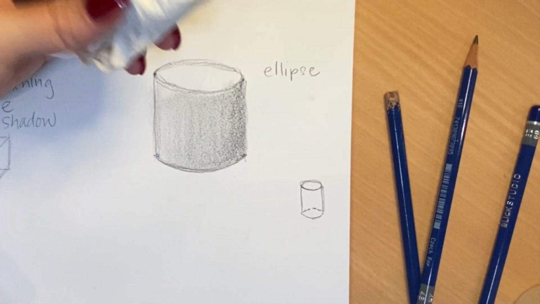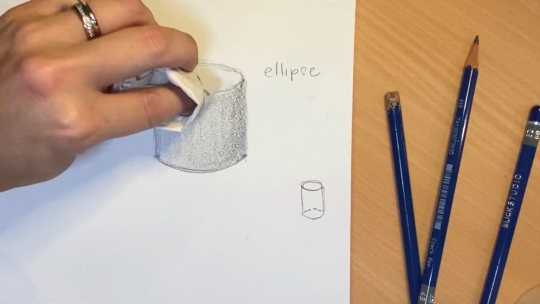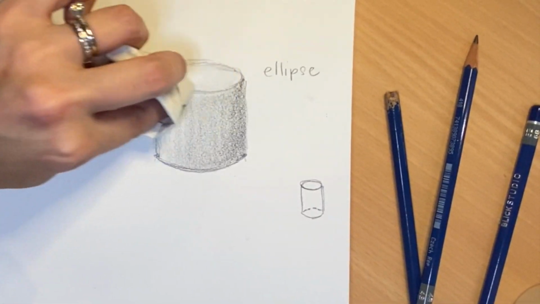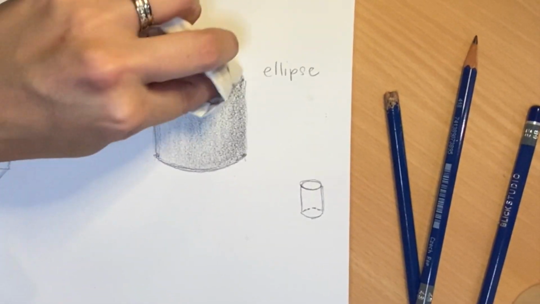And again, we can apply that trick that we did with the cube. We can just use that leftover graphite residue on there and shade in the top.